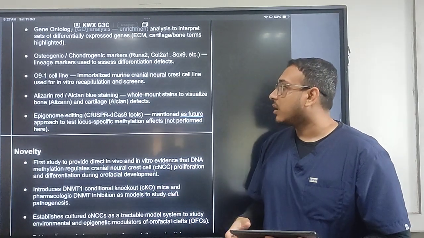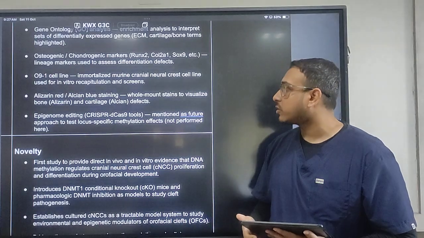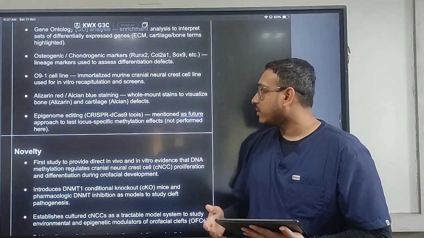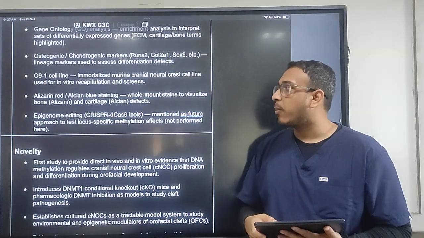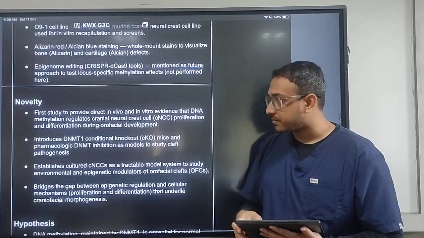Epigenomic editing: they mentioned CRISPR tools as a future approach to test locus specific methylation effects.